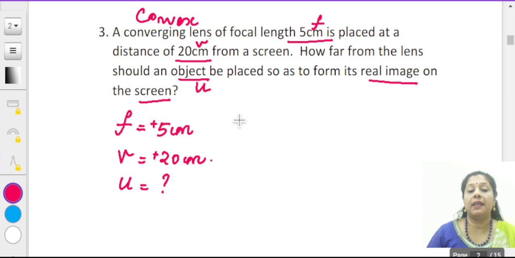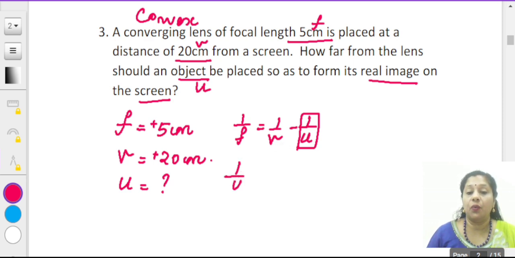Now U is supposed to be found. So the formula is 1 by F is equal to 1 by V minus 1 by U. This is the lens formula. So we are supposed to find out U. If you bring this side, minus 1 by U will become plus 1 by U. But this 1 by V and 1 by F will go that side, becomes minus.